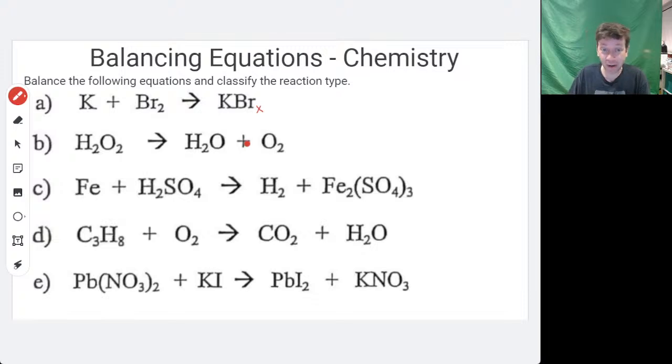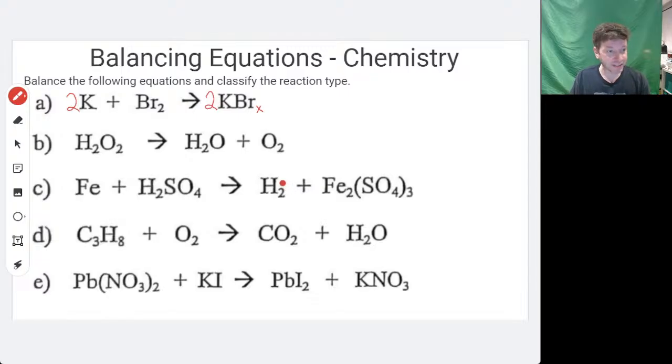We want to change how much of it we have so that all of our atoms are balanced. So we're going to put a 2 here. Now, yes, I realize that messes up potassium, because potassium's no longer balanced now. That's okay. We can put a 2 here to fix that. Only ever change the coefficients, not the subscripts. Okay, that's how we balance.